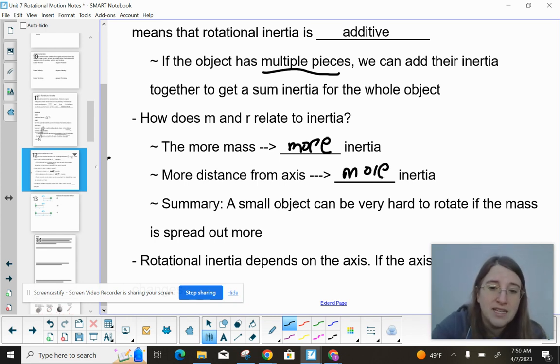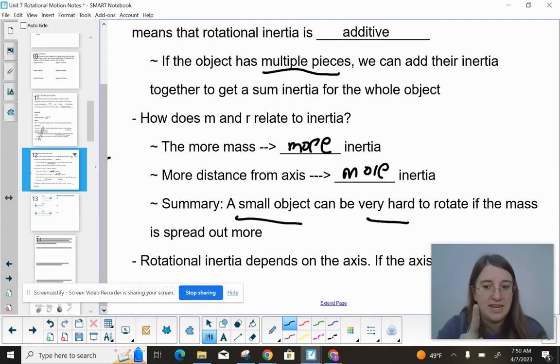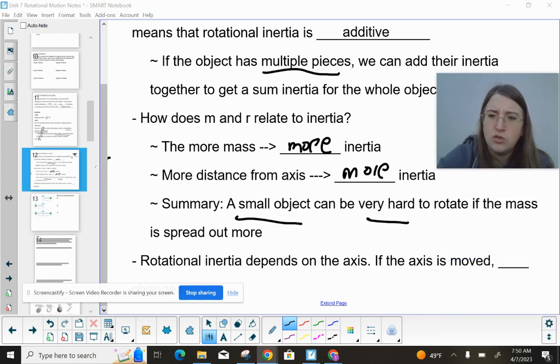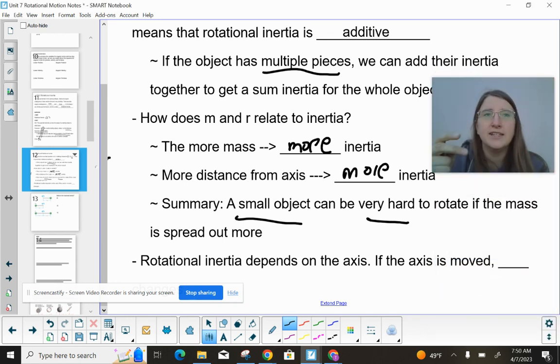So a very small object can be very hard to rotate if that mass is super far away from the center. Hopefully this is something you've experienced in real life. If you're swinging something around and it's got a very small radius, it's not too bad. Get that thing super far away from you and you're like, whoa, trying to get it all the way around.